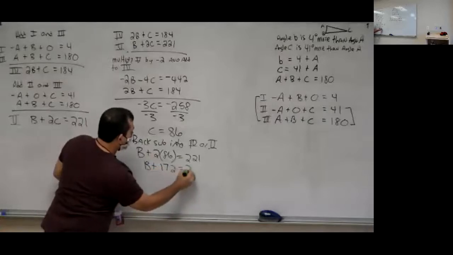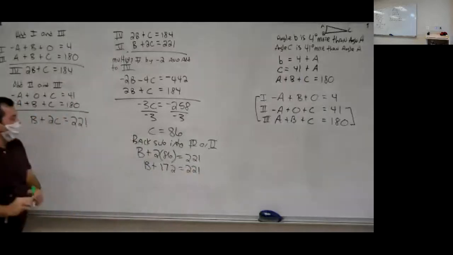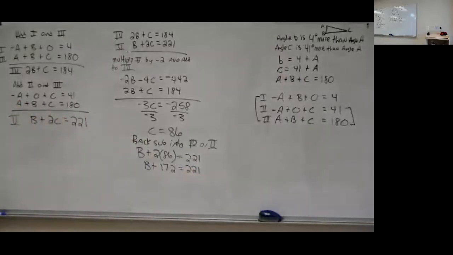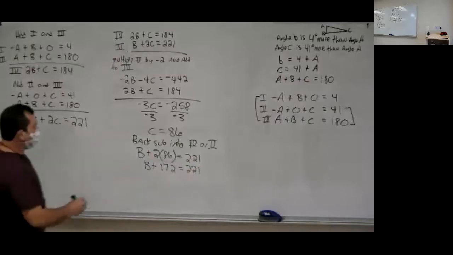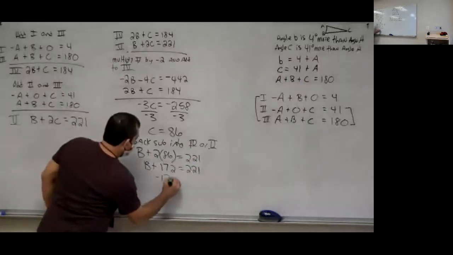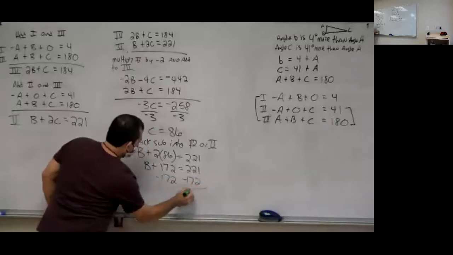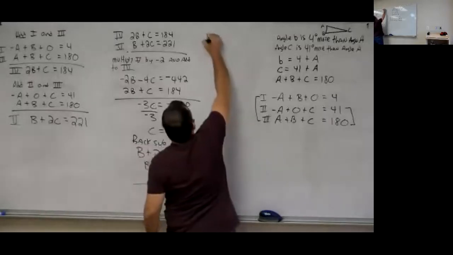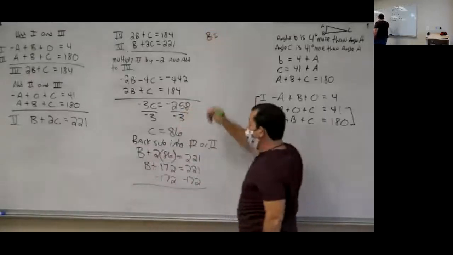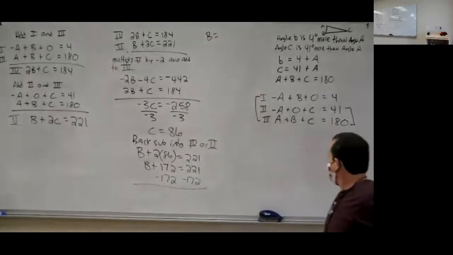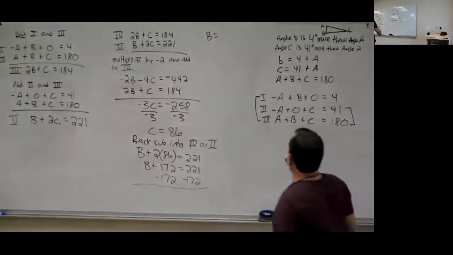And all that's going to equal 221. So my last move, subtract that 172 from both sides. So now we know that B is going to equal 49. How many did you get? 49.